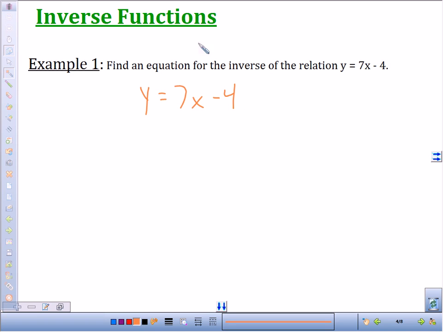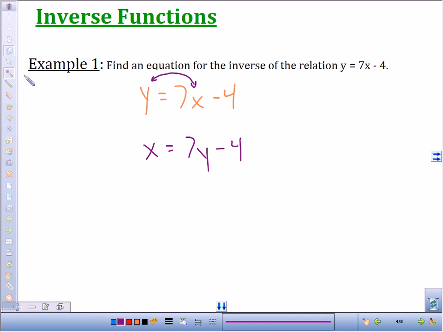It's really very simple. We know that the inverse is when we exchange x and y. So the first thing we want to do is exchange x and y. We're just going to flip it around. This becomes, instead of y equals 7x minus 4, x equals 7y minus 4.